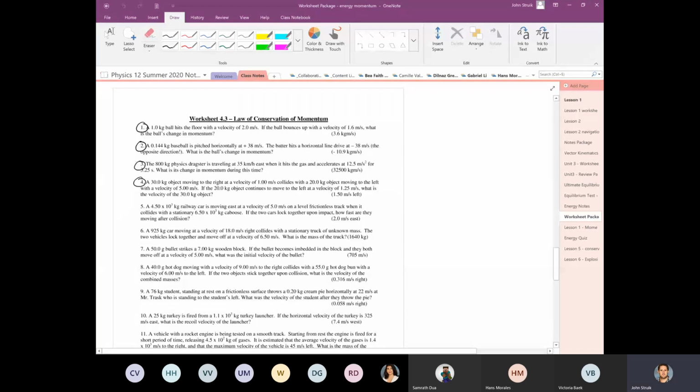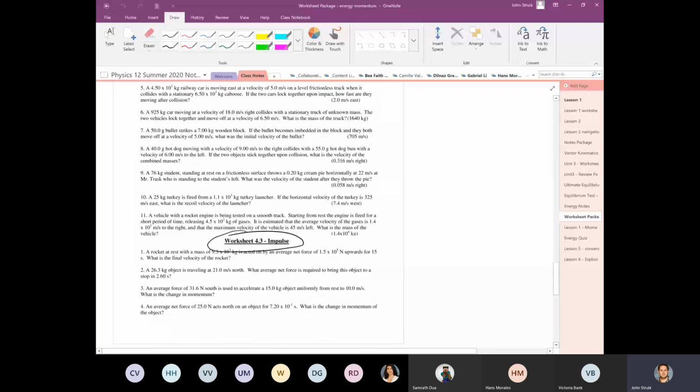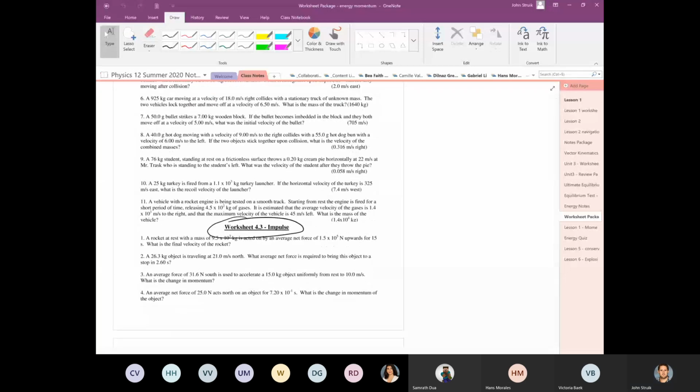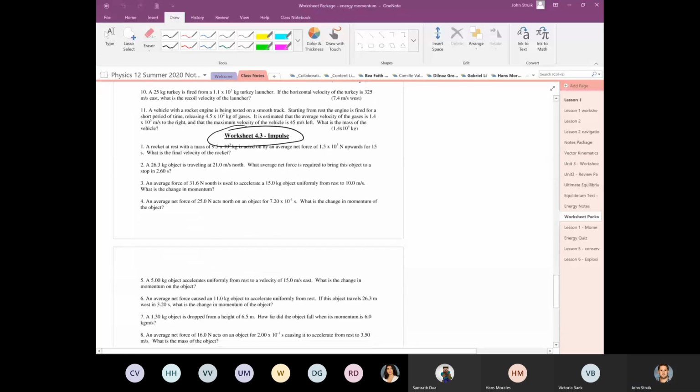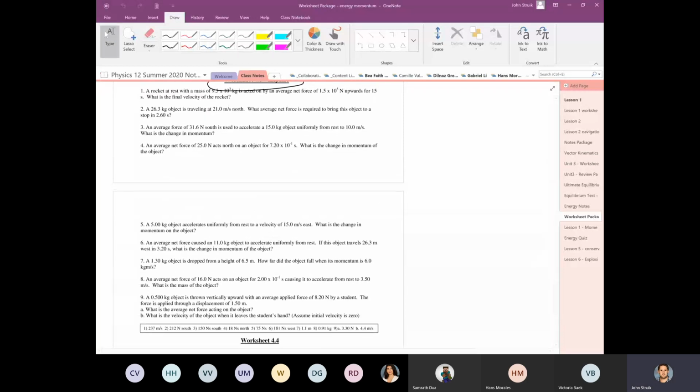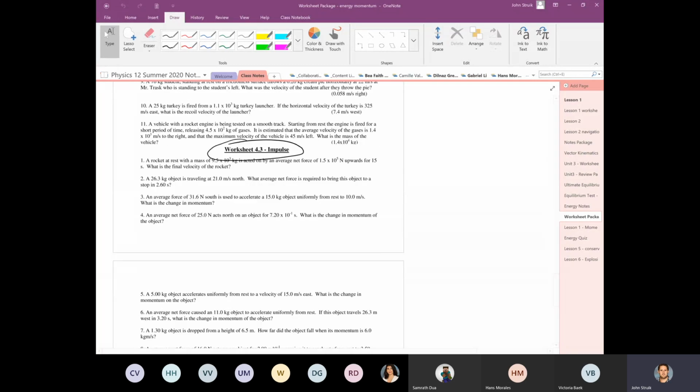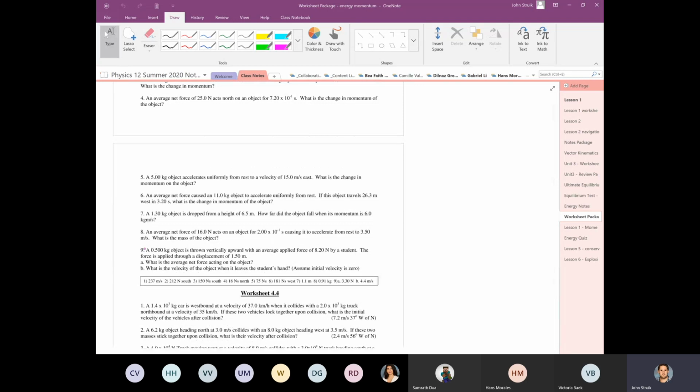Impulse or conservation of momentum? Assuming it's gonna be impulse. Okay. So that's this one right here. And then number 5 on the next one.